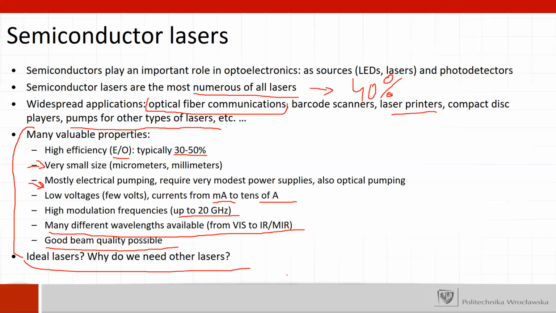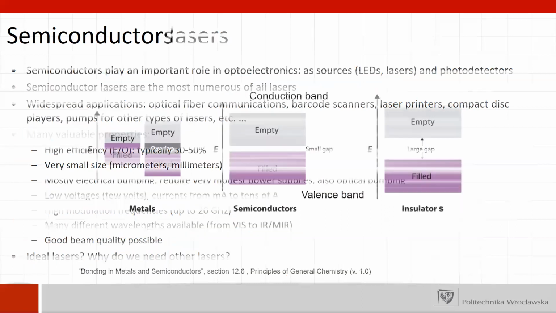There exist some specific types of semiconductor lasers that have a narrow line width with some fancy resonators. So they can go down to maybe 10, 20 kilohertz line width. But in general, intrinsically, they have megahertz or even gigahertz line width.